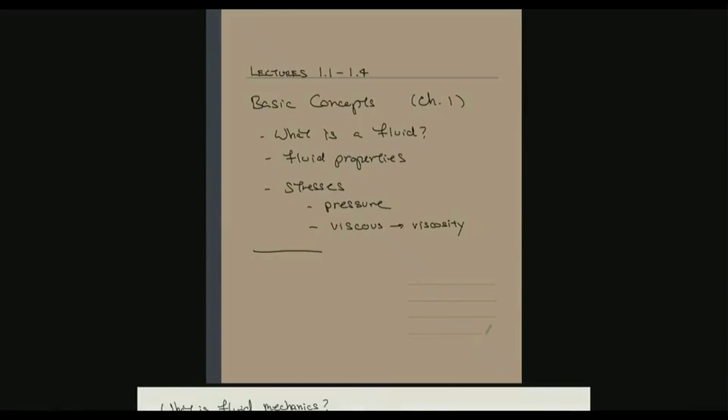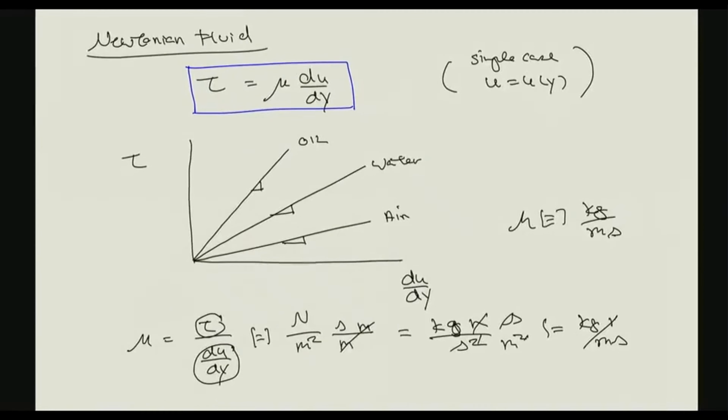I told you that I wanted to quickly comment on non-Newtonian fluid. This is just the last part of last week's lecture. If the shear stress is proportional to the rate of deformation, as we discussed last time, and the proportionality constant is not a function of the shear stress or rate of deformation, that is, this property that we referred to as viscosity does not depend on the shear stress or the rate of deformation, it's a Newtonian fluid.